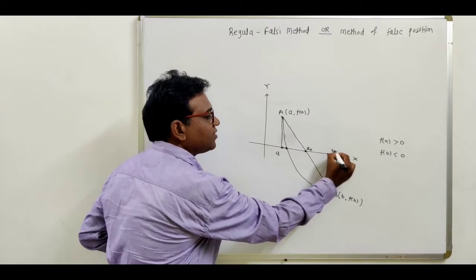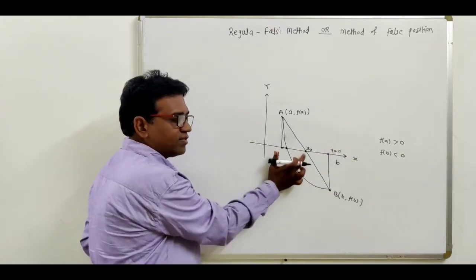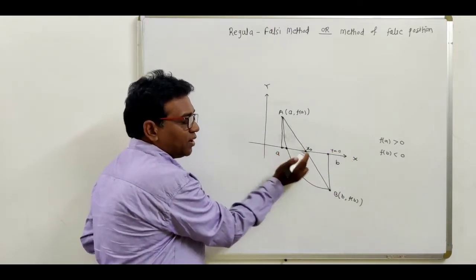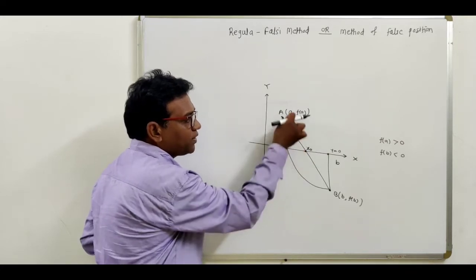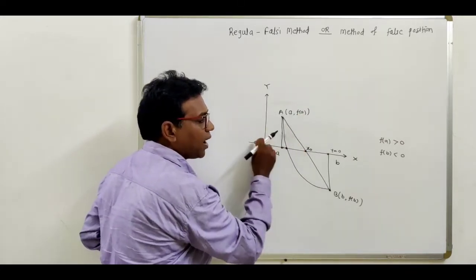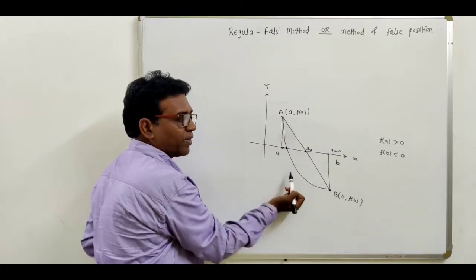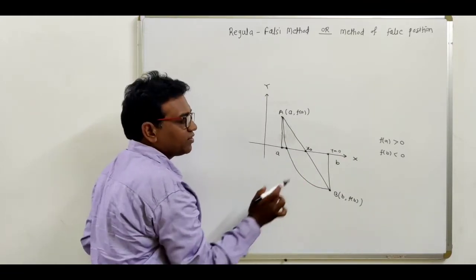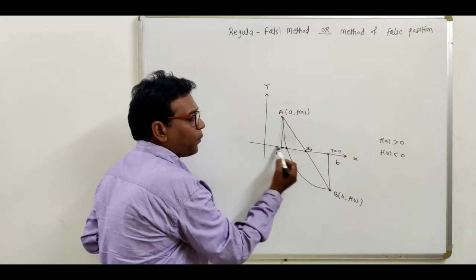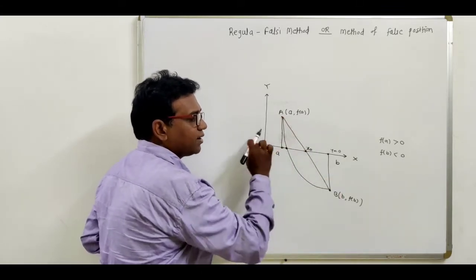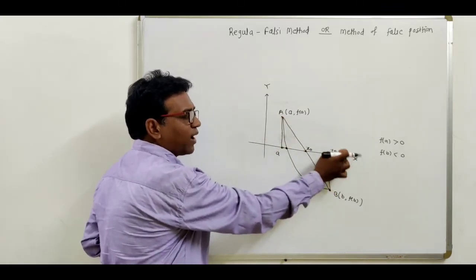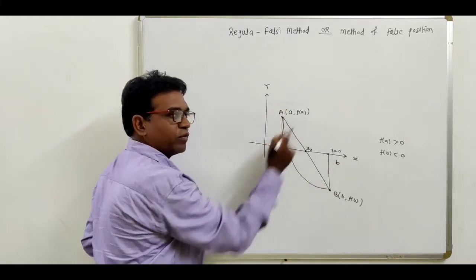The equation of the x-axis is y = 0. So x0 is the point of intersection of these two lines, the chord AB and the x-axis. So first of all, find out this point of intersection. How to find the point of intersection? Just put y = 0 in the equation of the chord.